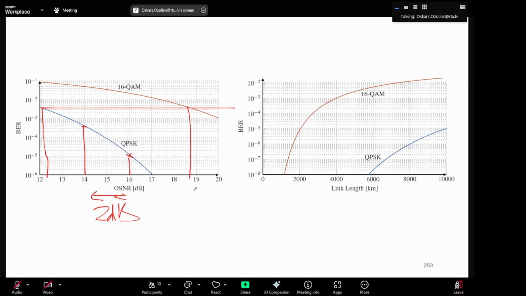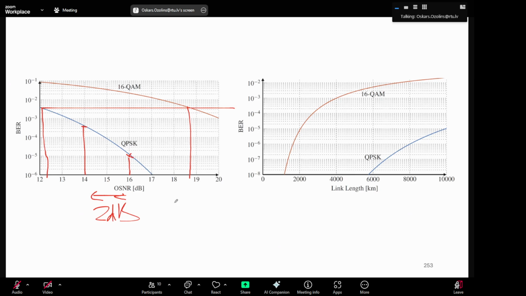We only look at receive power. We don't look at noise because those are not amplified systems. So there we are mainly limited by receiver noise, and of course some noise from the laser, but mainly by the receiver noise. Here we are also limited by amplifier noise quite significantly. So optical signal to noise ratio is very important for a signal.